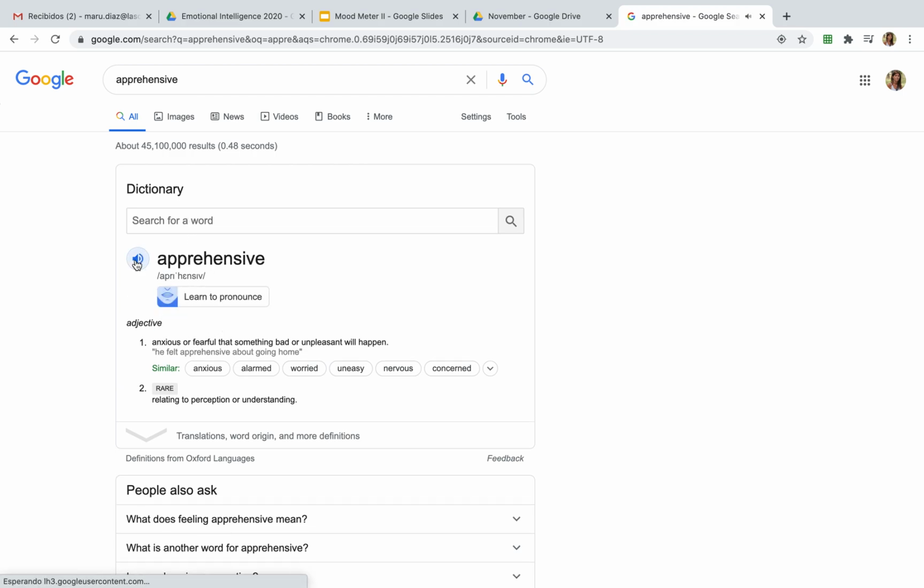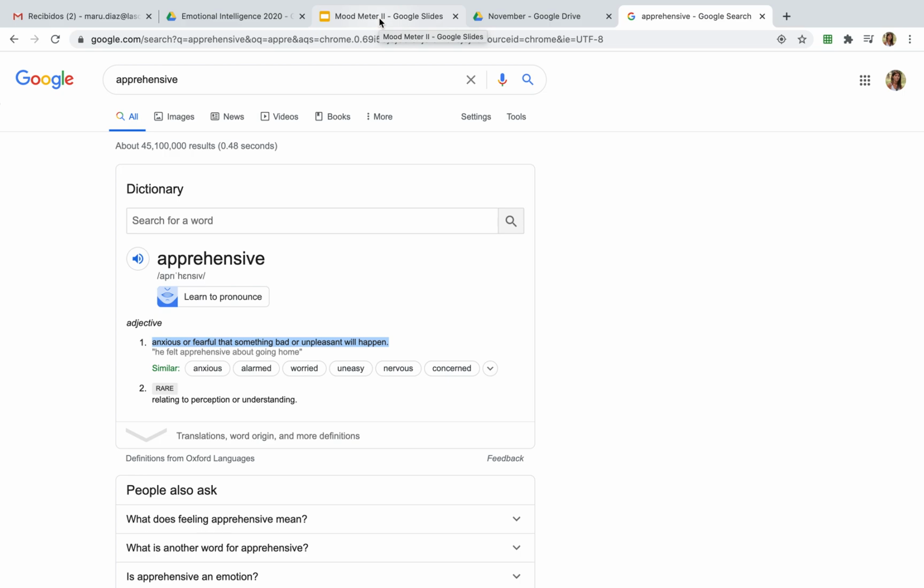Apprehensive, this is the way you pronounce it, means anxious or fearful that something bad or unpleasant will happen. Again, anxious or fearful that something bad or unpleasant will happen. Okay, so I understand.